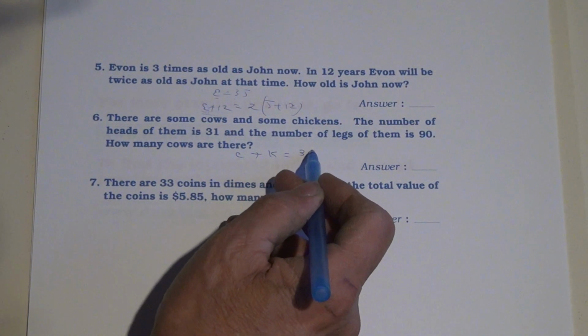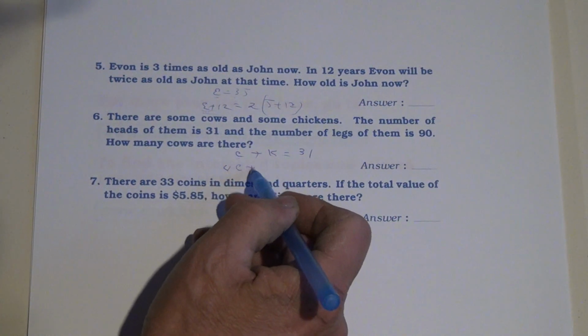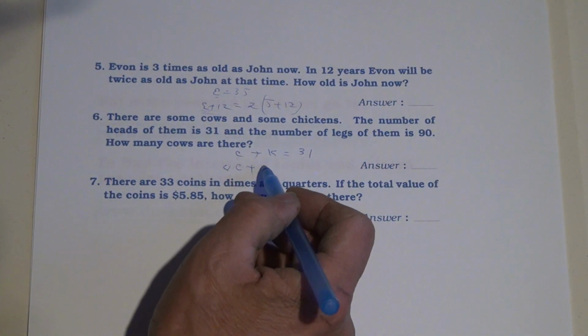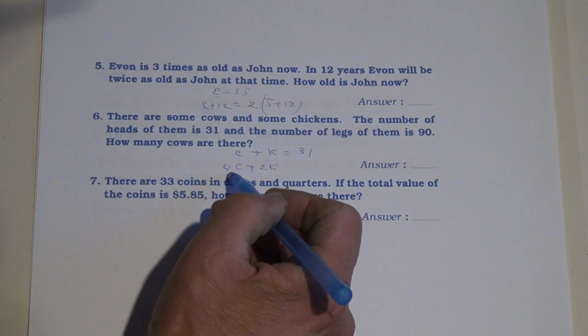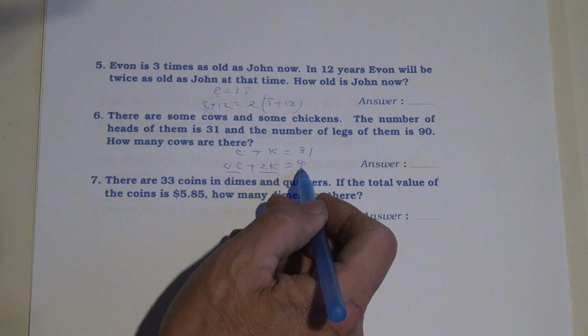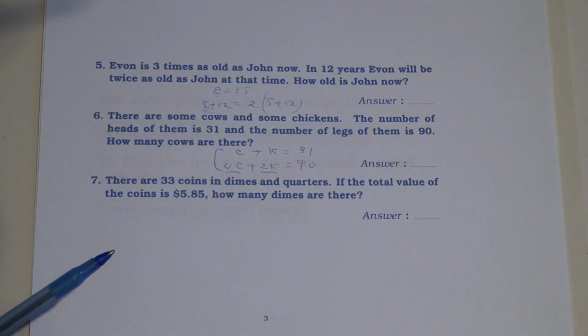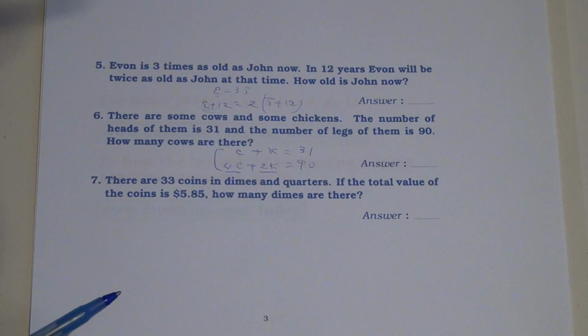Total heads is 31. Now each cow has 4 legs, so 4 times C. And each chicken has 2 legs, 2 times K. Then the number of legs of the 2 animals together is 90. And then you just solve for C or K, whatever they ask.